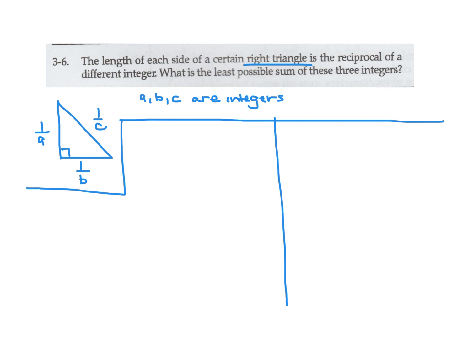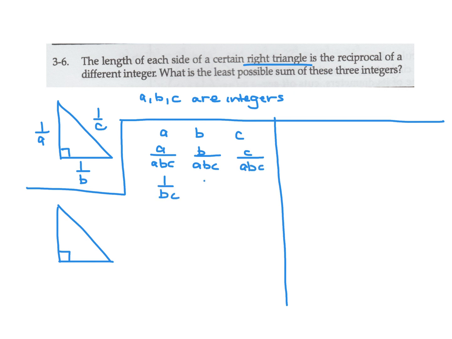So first let's do it with letters. Let's say we have 3 numbers, a, b, and c. And what we need to do is try to find a relationship between the sides. Now, if I divide through by ABC, so A divided by ABC, B divided by ABC, and C divided by ABC, that's going to give me 1 over BC, 1 over AC, and 1 over AB.